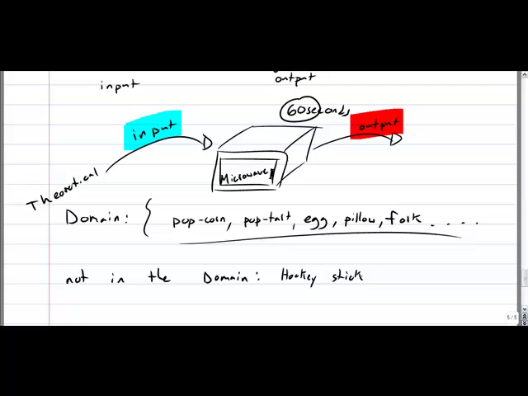Not going to work. Not going to fit in the microwave. Good idea or bad idea, it's just not going to fit. Your HD TV, 46 inches. You're not going to put the 46-inch plasma in the microwave, right? It's not in the domain, practically or theoretically. It just doesn't fit, right?